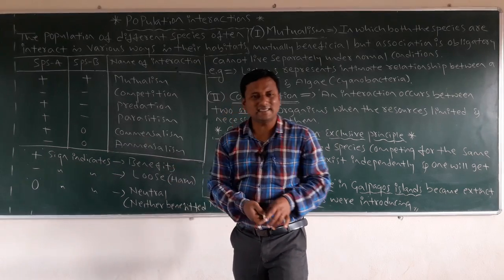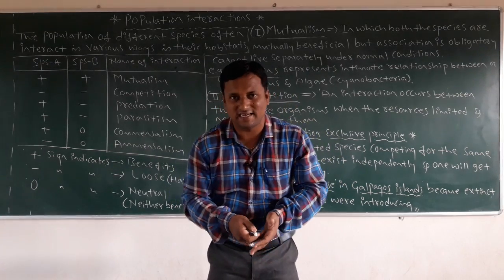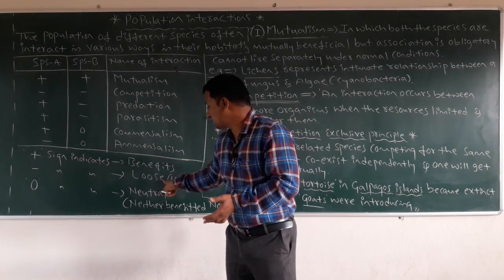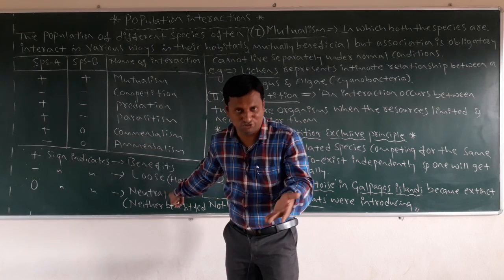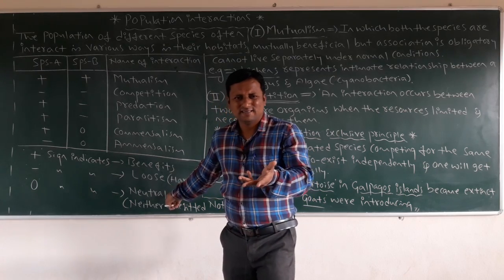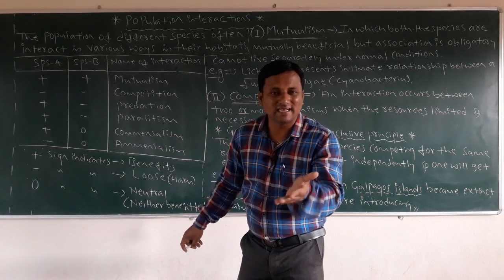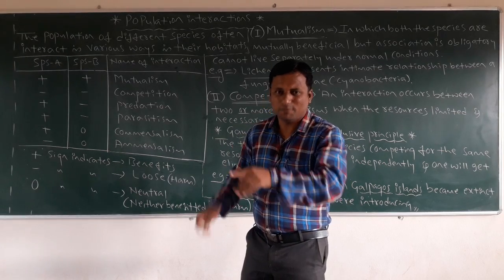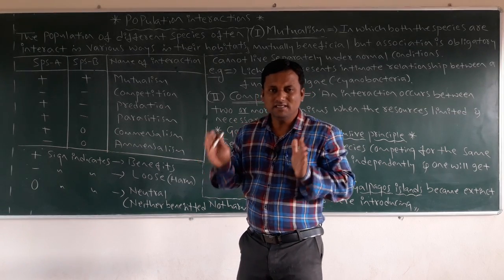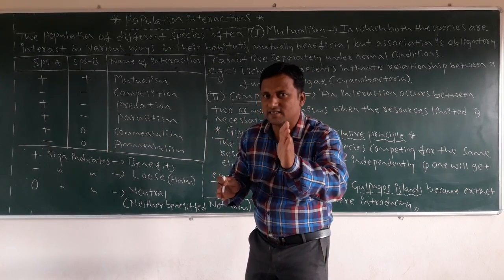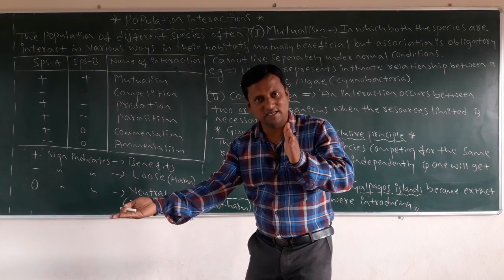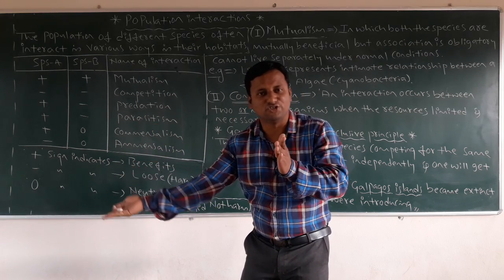And what is the negative sign? Minus sign indicates harm or loss. Minus sign indicates harm. It becomes harmed, meaning the strong organism kills that organism or it becomes injured.